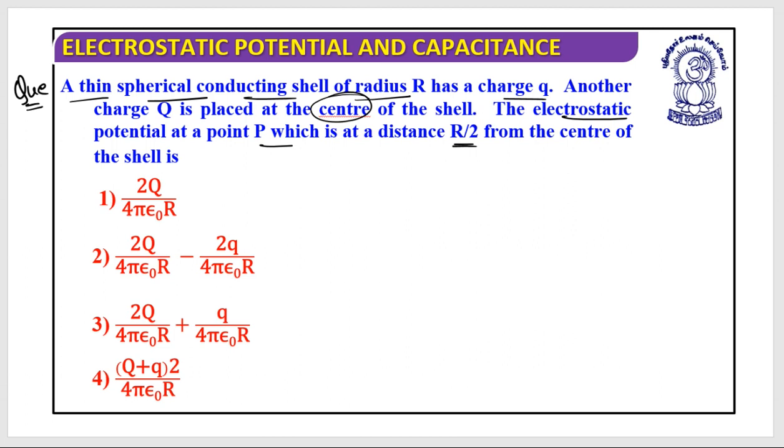What can be done? Yes, so can we have a rough sketch? A thin spherical shell is there, having a charge q, and another charge q is placed at the center of the shell, and you need to find the electrostatic potential at point P, which is at a distance of r by 2 from the center of the shell.